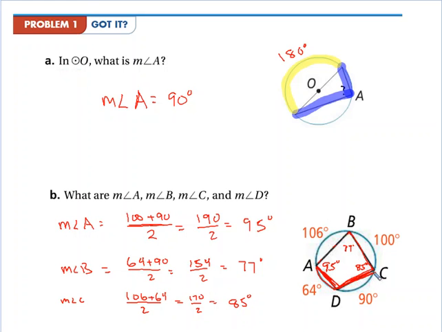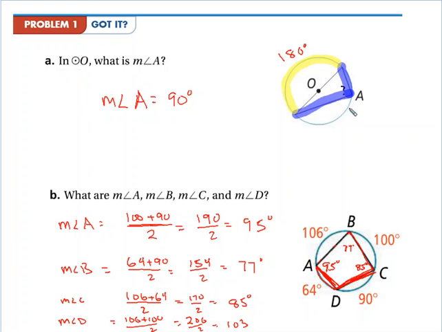Angle D opens up to the arc that goes A, B, C, and the total of those 2 arcs is 206. Okay, so for the measure of angle D, we could just take 106 plus 100, divide by 2. That's half of 206, and that's going to be 103.